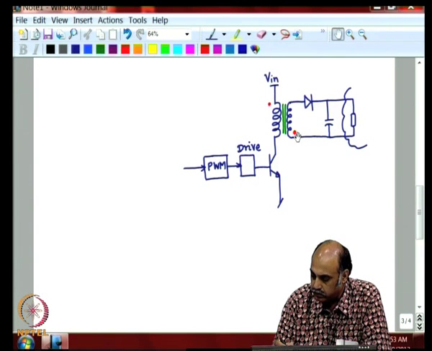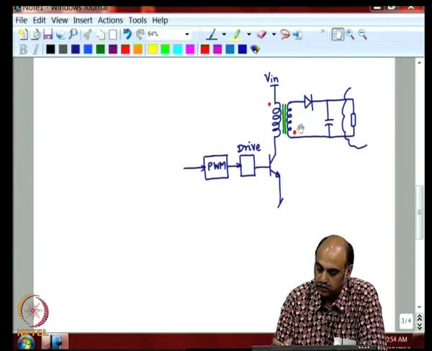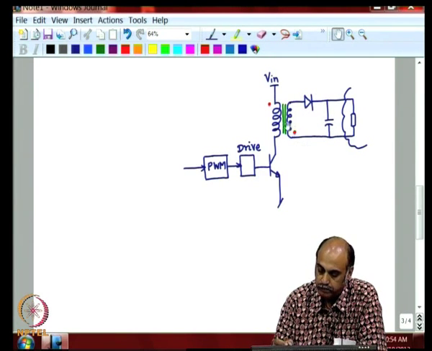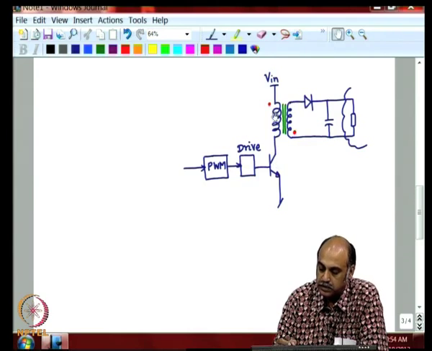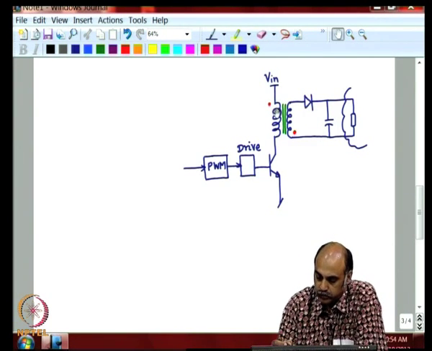This dot end would also be positive on the secondary side, reverse biases the diode, and the diode is off. The secondary side portion is off, only the capacitance is discharging to the load. During this time there is a current flow through this transformer, which is actually an inductor. It has an air gap inside and starts storing energy in the reluctance within the permeance.